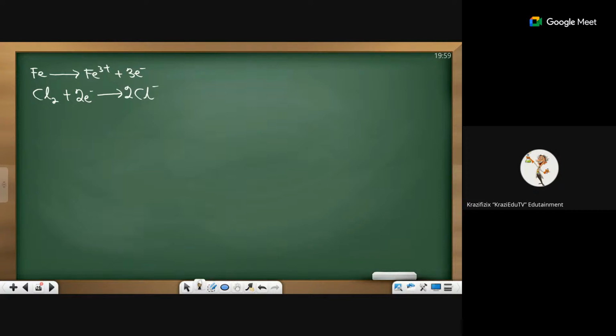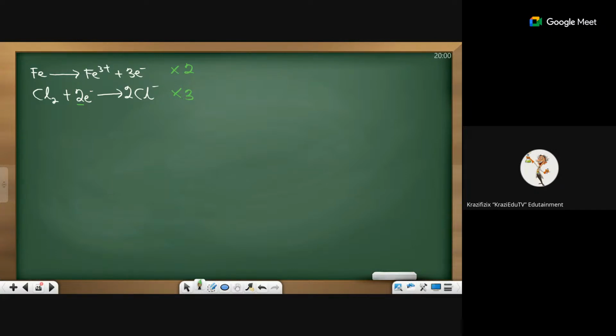What I'm going to do is multiply this one by 2. Where is the 2 coming from? Here. Switch the numbers. I am going to multiply this one by 3. Beautiful. Guys, please take note, that's a very important point. I multiply the first one by the number of electrons in the second equation. Then I multiply the second equation by the number of electrons in the first equation.